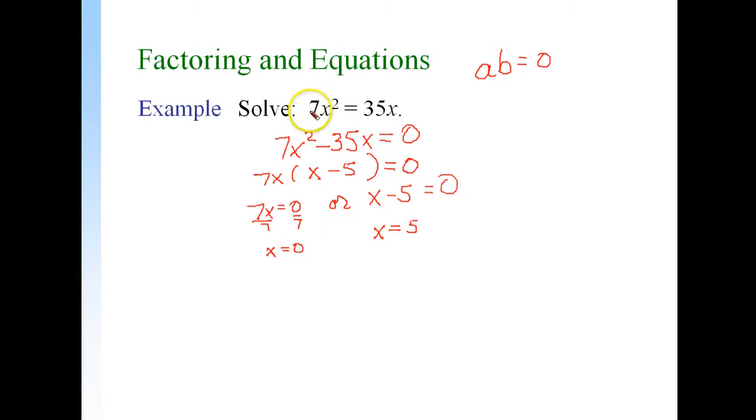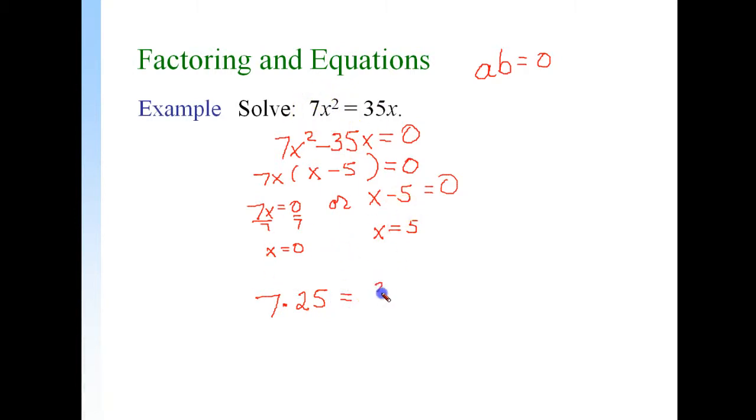Now if we put that up here, that actually checks, because if this is 0, 7 times 0 is 0. 35 times 0 is 0. But how about if it's 5? Well, it would be 7 times 25. 5 squared is 25.